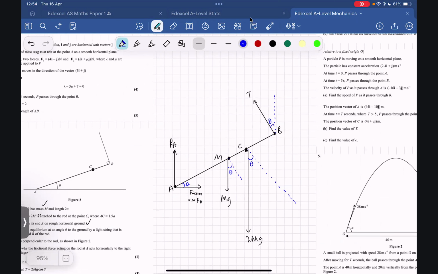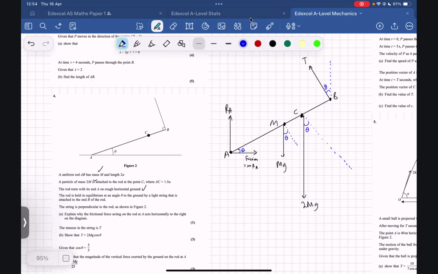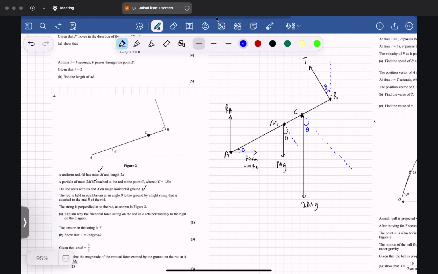Any questions about that? And I'm going to make them all right angle triangles.